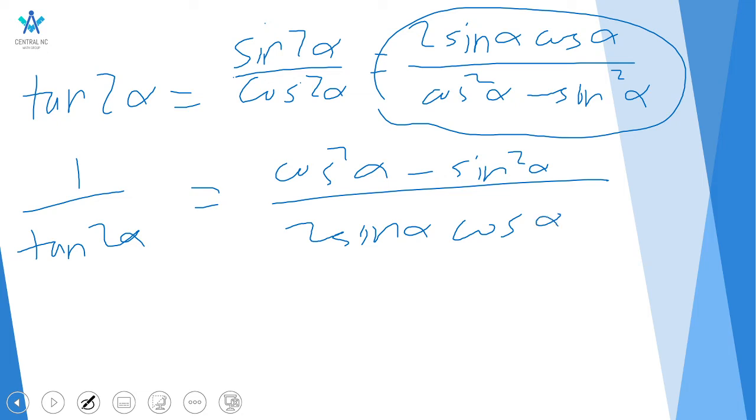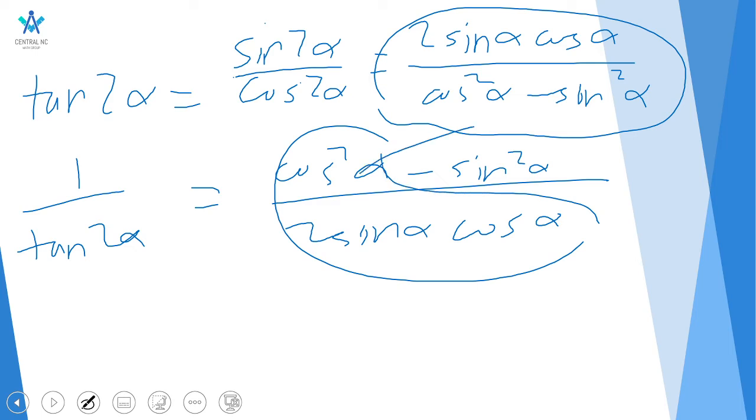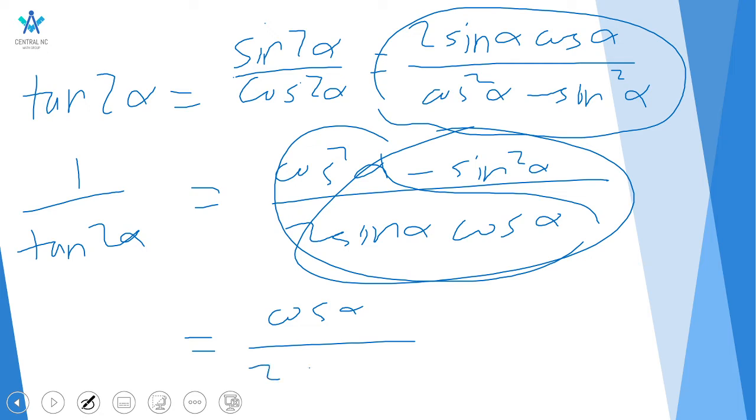And then splitting this into two fractions, that first one simplifies to cosine alpha over 2 sine alpha minus sine alpha over 2 cosine alpha.